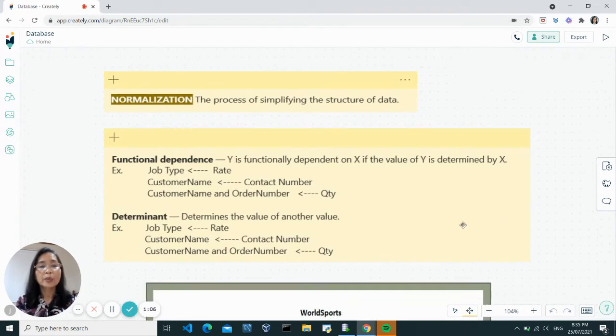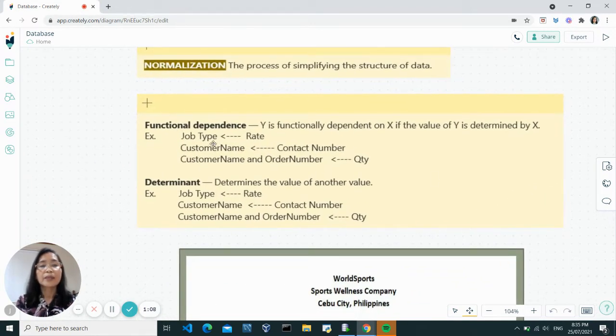So supposing we have the following. Rate here is functionally dependent on job type. So in other words, for me to know rate, I need to know the job type. For me to know contact number, I need to know who the customer is.